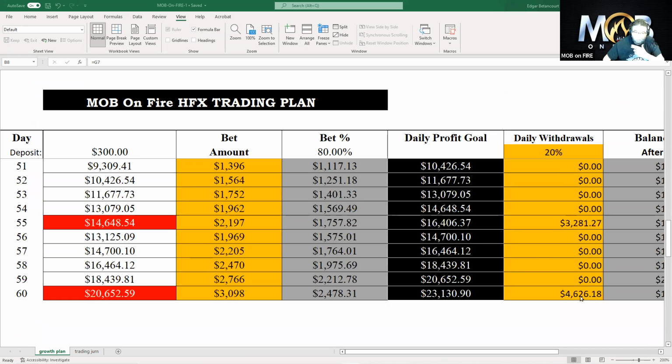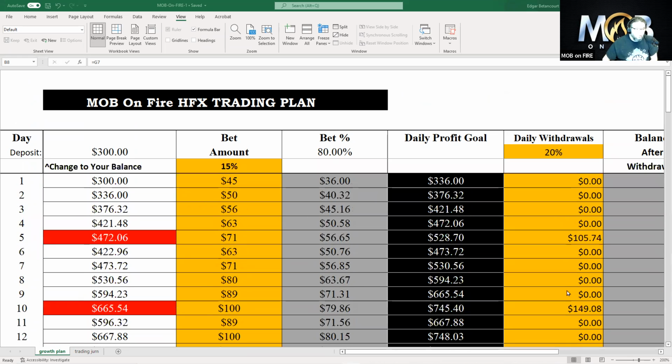You put in your pocket about 10 grand and grow your account to 20 grand. Not a bad plan, right?